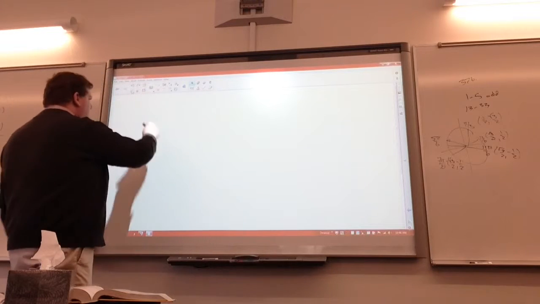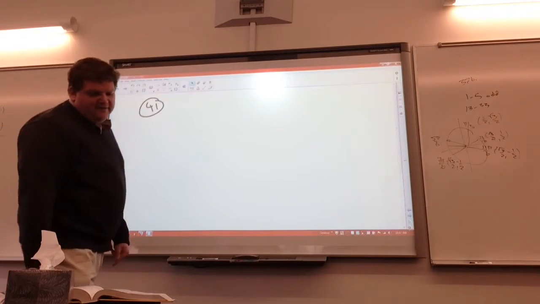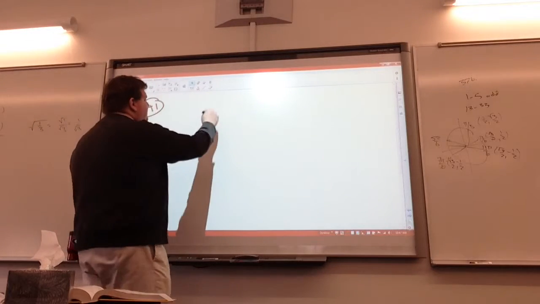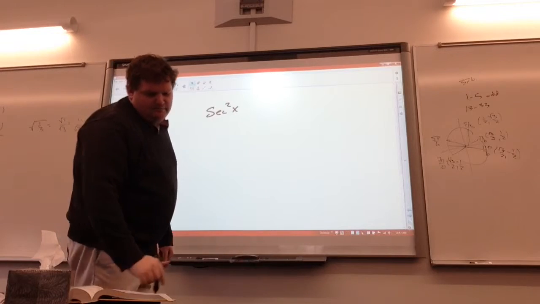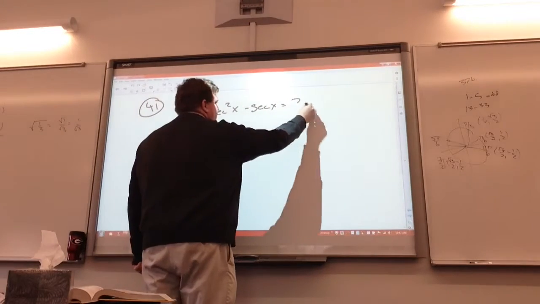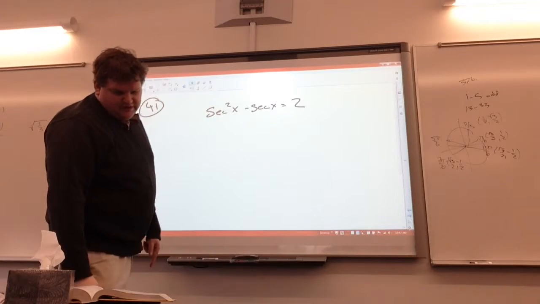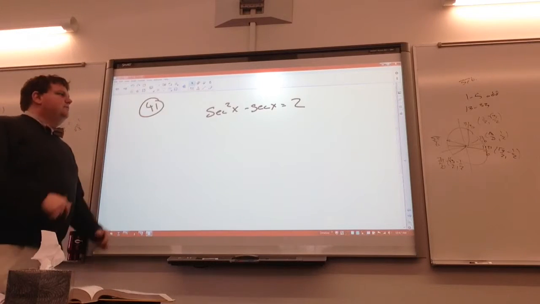So, this was not in the problem set, but this is a good problem to demonstrate how this next type of thing would work. We've got the secant squared of x minus the secant of x, and it's all equal to 2, okay?